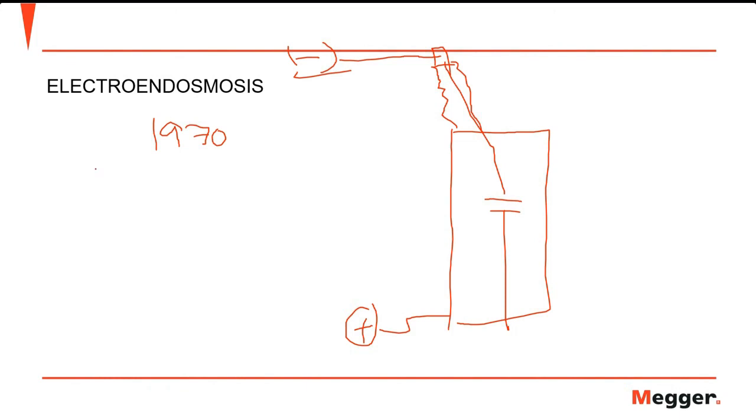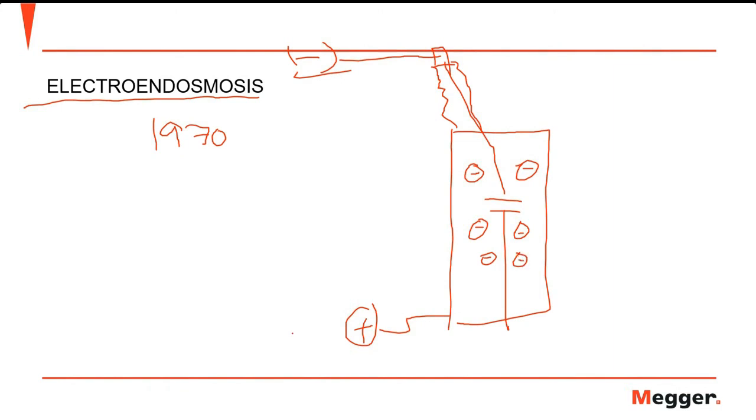Because this is what is happening, we have some electroendosmosis. Moisture has a negative charge, and we all know that moisture is some form of water, liquid.